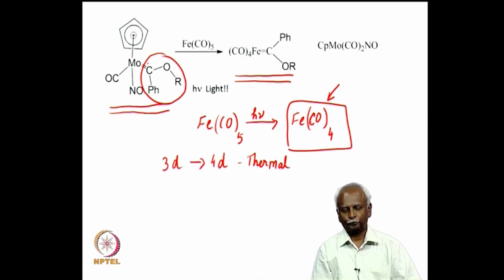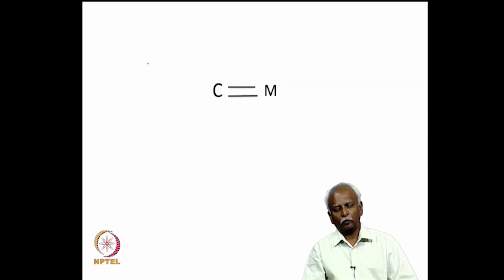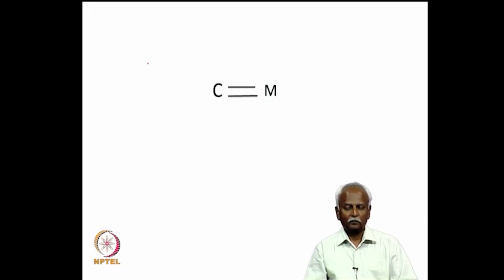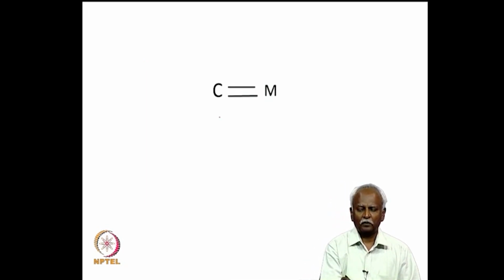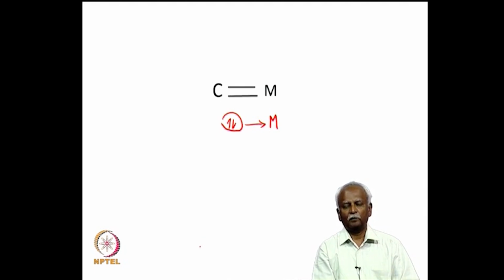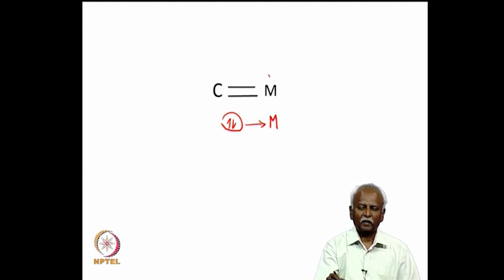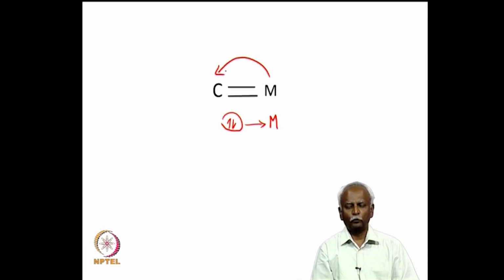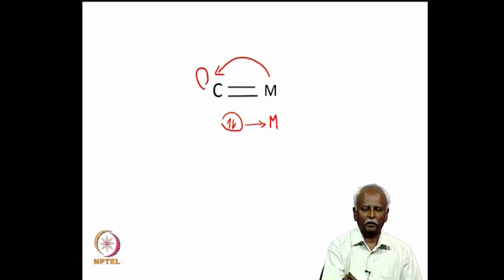As long as the final result leads to a stable structure, we can always transfer the carbene from one metal center to the other. So, we have been talking about carbene complexes where you have a system with a carbon which has got a pair of electrons, and that carbon donates this pair of electrons to the metal, and the metal has an empty orbital into which it accepts that pair of electrons, and the metal donates a pair of electrons from its filled manifold into an empty p orbital on the carbene.